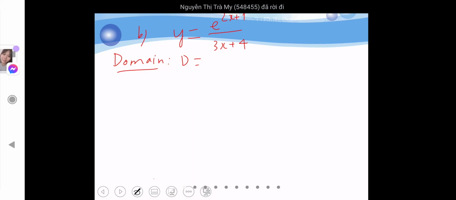Now you read for me. What is the domain of this function? Domain D equal the value of all real numbers except what number?